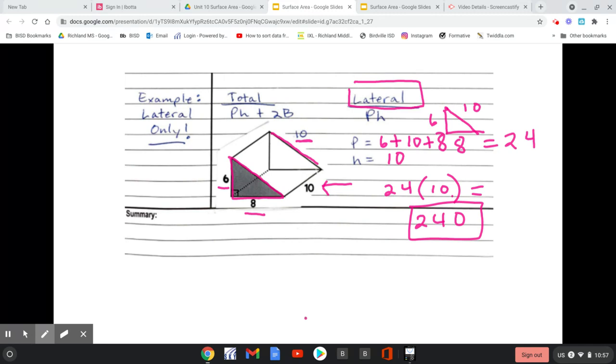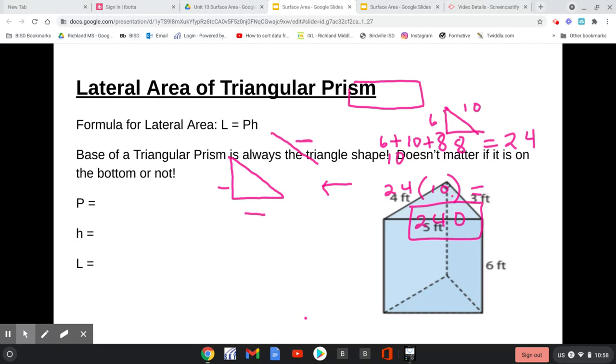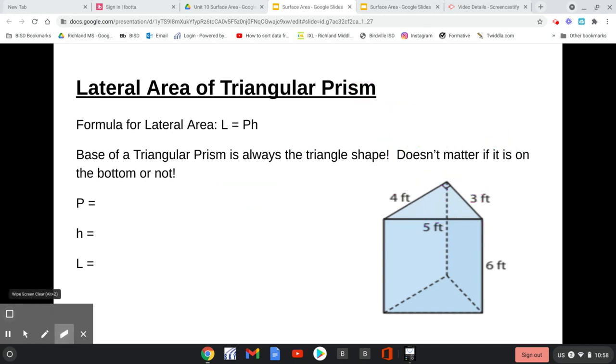Let's do some more examples. We're going to find the lateral surface area. So let's do that with this picture, this shape. So we have the lateral surface of a triangle. There's our formula. And the base is always the triangle. So this is your base. So step 1, we're going to redraw the base.